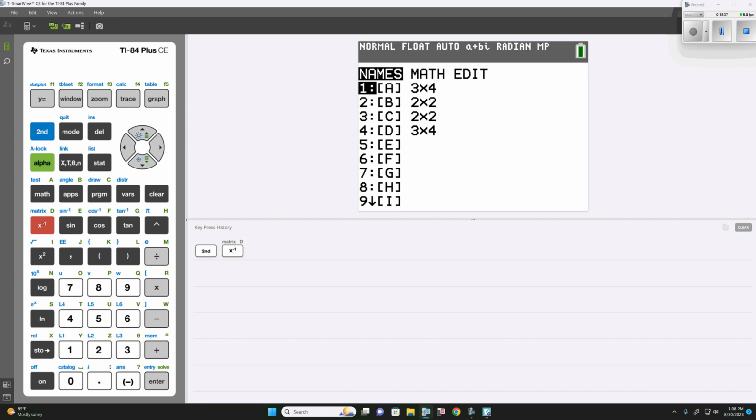So we have a screen similar to this here. You might have different 2x3, 3x4s running down the list, but you do have something similar. So 1 through 9, A through I in brackets, yes? The 3x4, 2x2, 2x2, and 3x4 might be different, but does everything else look the same?